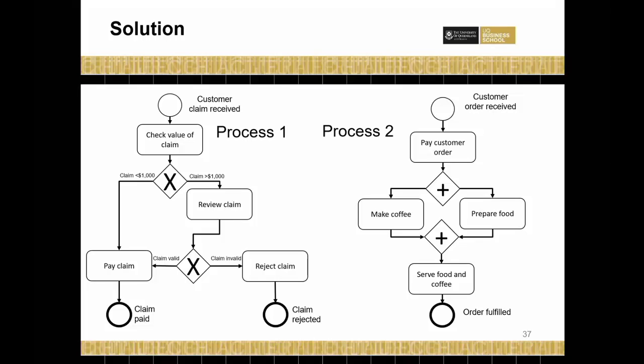While here, you don't necessarily need to close the XOR. So the X doesn't need to be closed, but if you have a plus, you need to have a closing plus, because it needs to be very clear in the model what the activities are that all need to be finished before you can move on to the next activity.